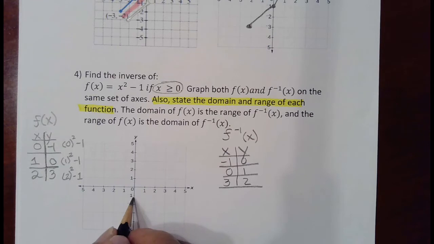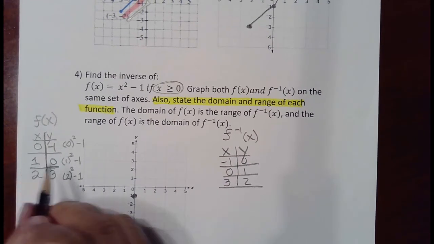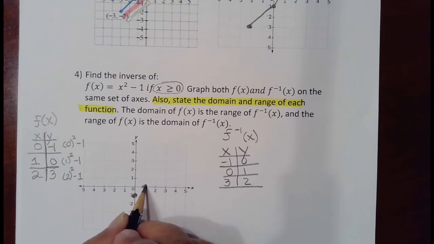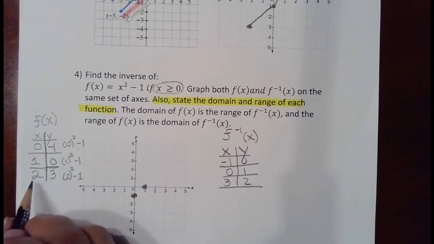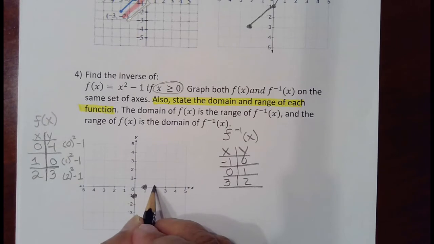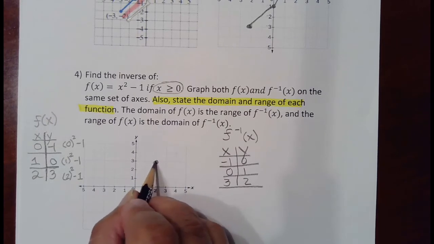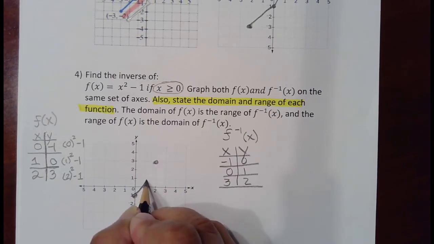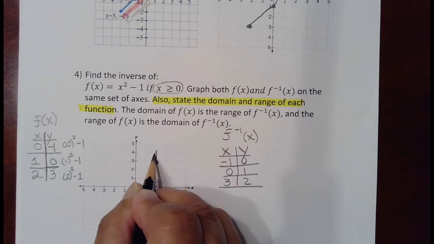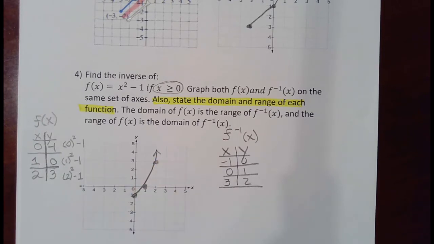Now maybe you recall from the first page that any kind of a graph or set of points, no matter how they give you the information, does not have an inverse unless it passes the vertical line test and the horizontal line test. So can you see why they said only use x values greater than or equal to 0? Here was my 0 x value, then here were the values that were greater than 0, because that limited the parabola to just half of a parabola, just one side.